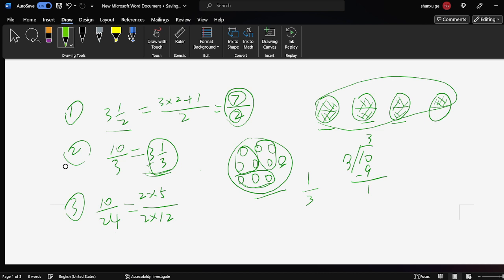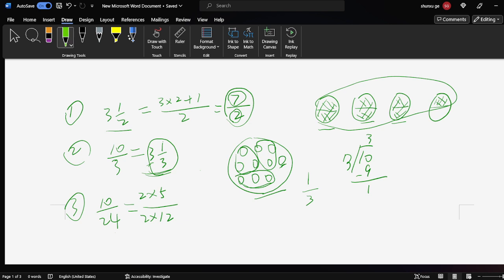Why can you do that? I tell you, the times table you must remember. So you use your brain to calculate fast, no calculator. Okay. So 10 we can write as 2 times 5, and 24 we can write as 2 times 12.